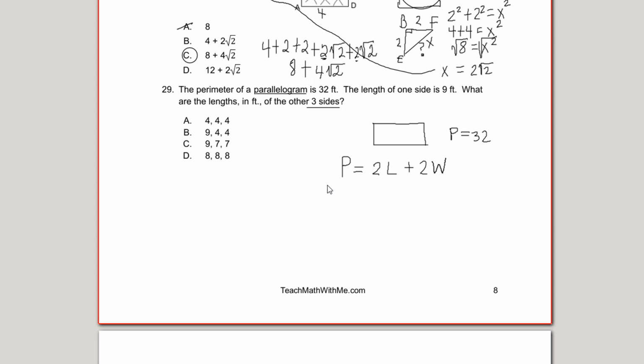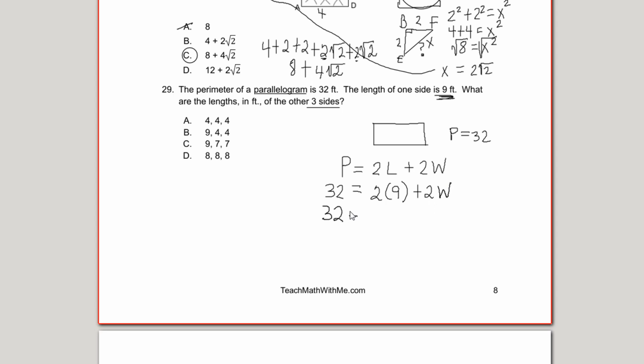We're given a perimeter of 32. What else do we know? It said the length of one side is 9. So we also know that the length of the other side is 9. So we're going to have 2 of the 9s. We don't know what W is though, so we need to solve for W.